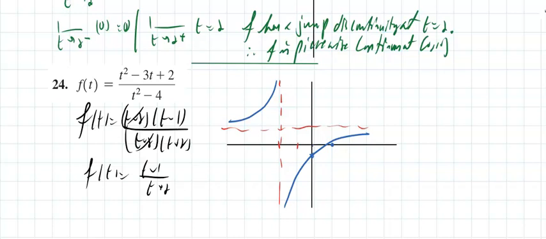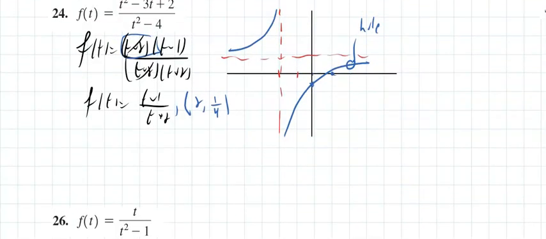And if t equal 2, y would be 1 over 4. We have a hole on the graph, and we know that the limit as t approaches 2 of t minus 1 over t plus 2 equals 1/4.